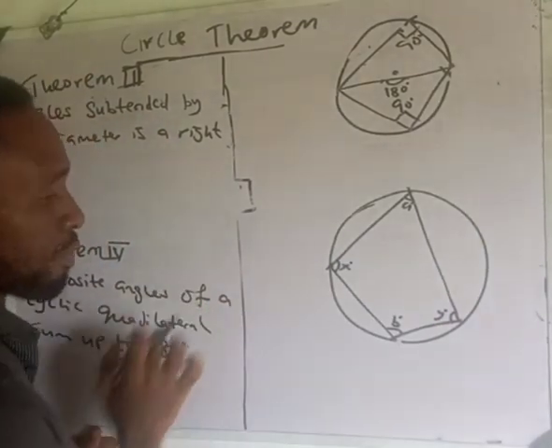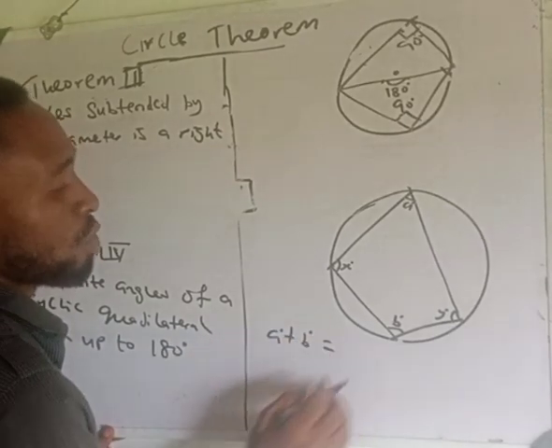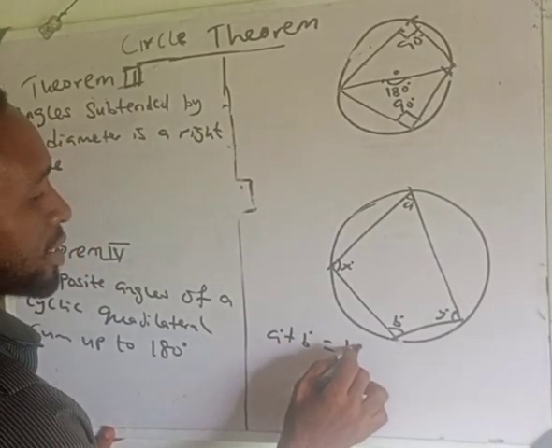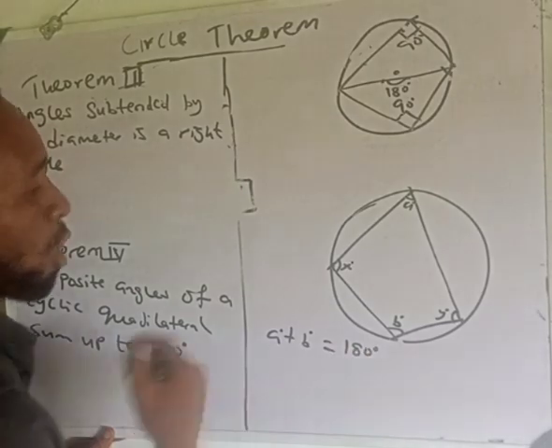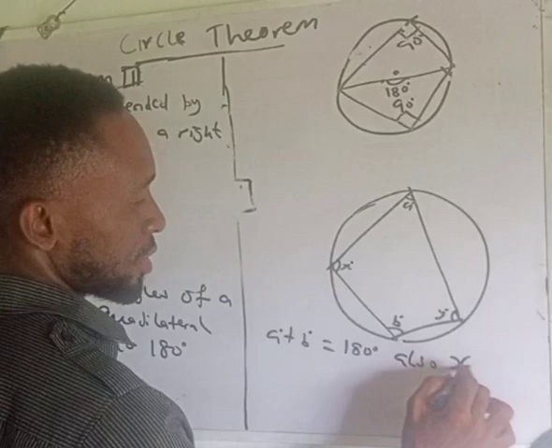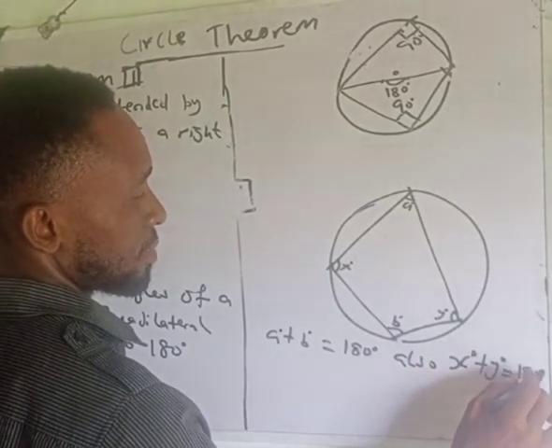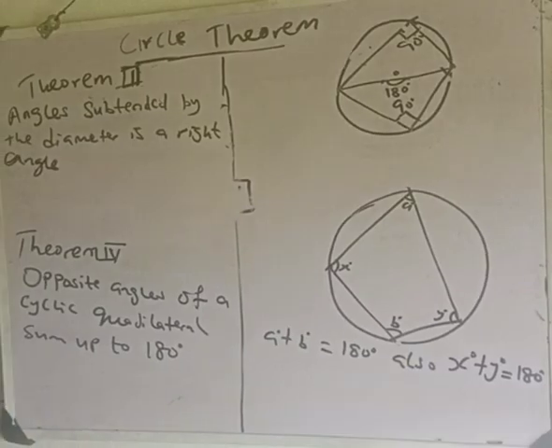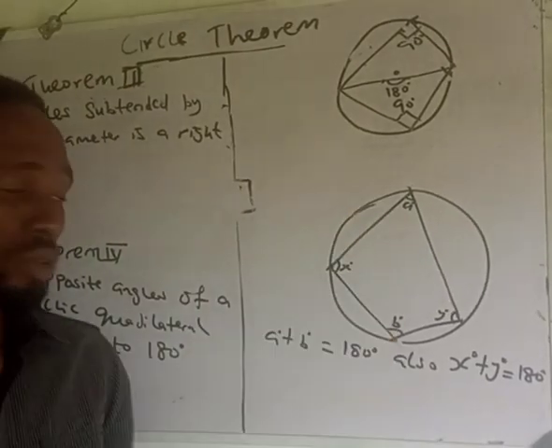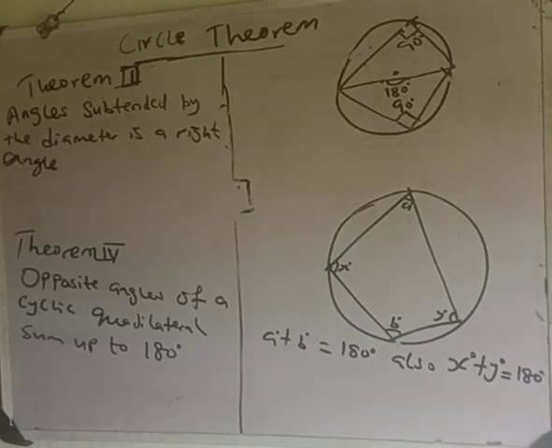What this theorem states is that a degrees plus b degrees equals 180 degrees. Also, x degrees plus y degrees equals 180 degrees. So if I add this plus this, it will give me 180. If I also add this and this, because they are opposite, it gives me 180 degrees.